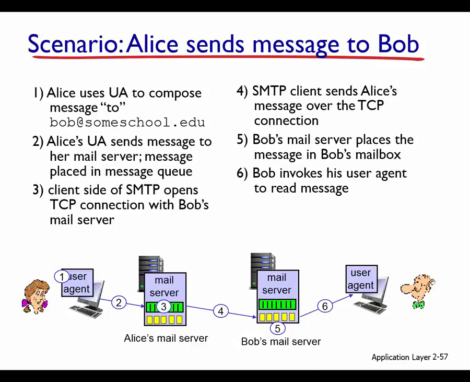Then the SMTP client on Alice's mail server sends Alice's message over the TCP connection. Then Bob's mail server places the message into Bob's mailbox, and at some future point in time, when Bob invokes his user agent and opens that mailbox, he'll see that message.